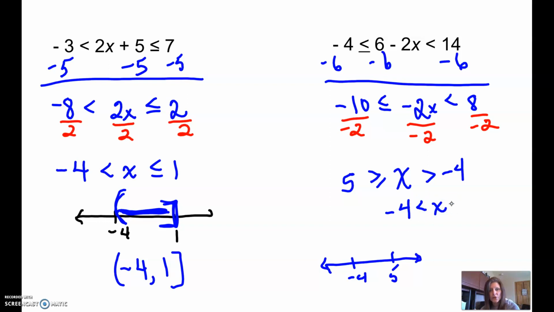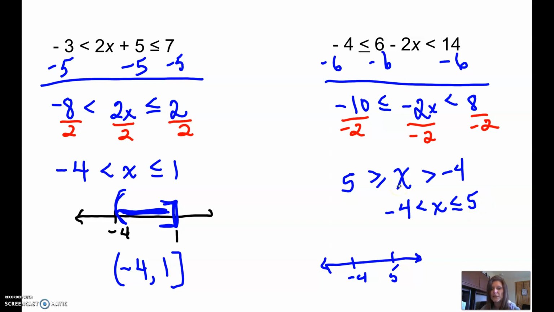If 5 is greater than or equal to the x, that means x is less than or equal to the 5. Okay, so I kind of picked it up and flipped over my whole string inequality, and I'm reading it backwards now. I have a little point towards the -4 on both of them. I have the open end on the 5 on both of those, so that's kind of a check for me as well.